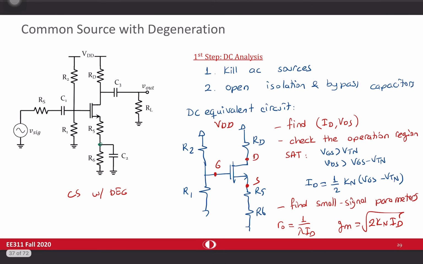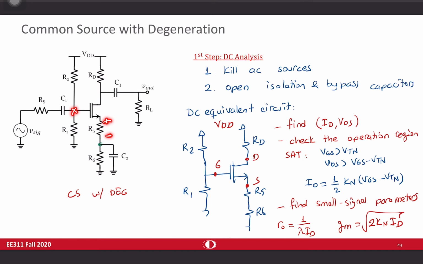Because of this additional resistance, for example, let's say that something happened in your circuit and this DC bias increased, and because of that, your VGS voltage increases. Increase in VGS voltage means that drain current is increasing. And when drain current increases, the potential drop across Rs increases and suppresses the increase in VGS voltage. So this is somehow like a feedback. Any increase in here is suppressed by the increase in the voltage drop across Rs.